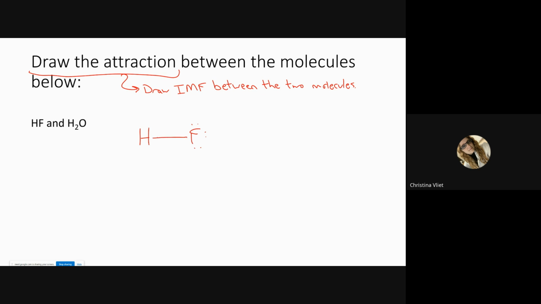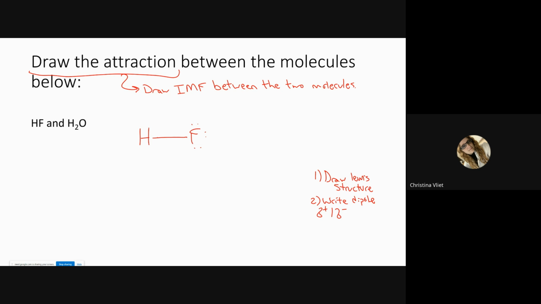The next thing you need to do is draw the Lewis structure. Write the dipole, which means partial positive, partial negative. You need to include what end of this molecule is partially positive, what end of this molecule is partially negative.